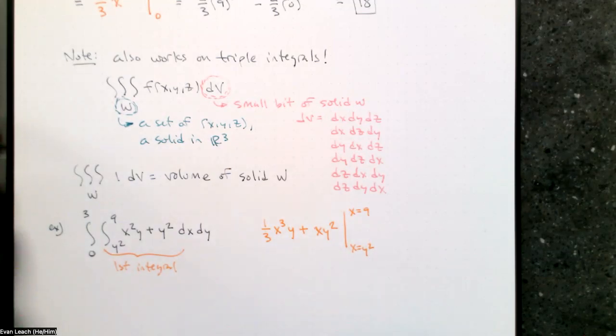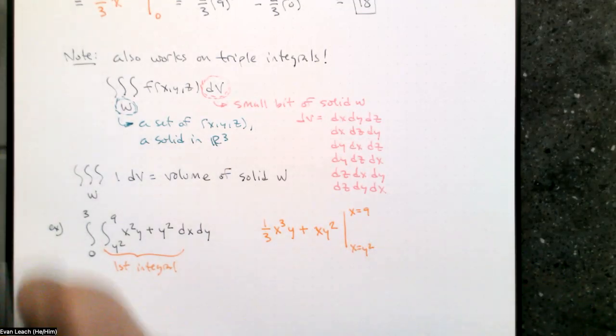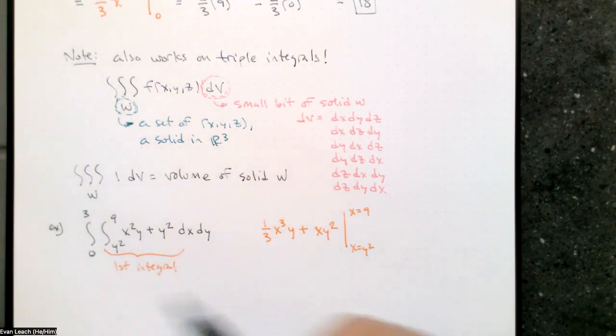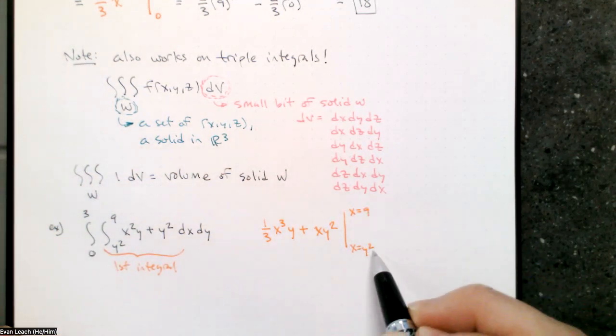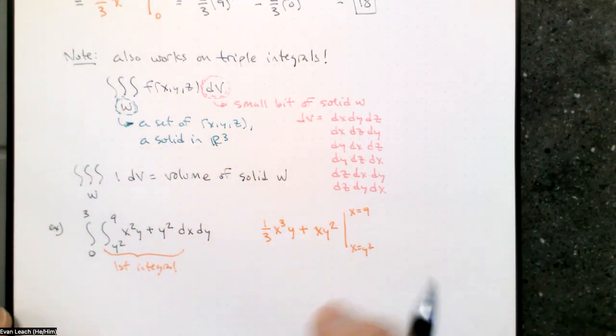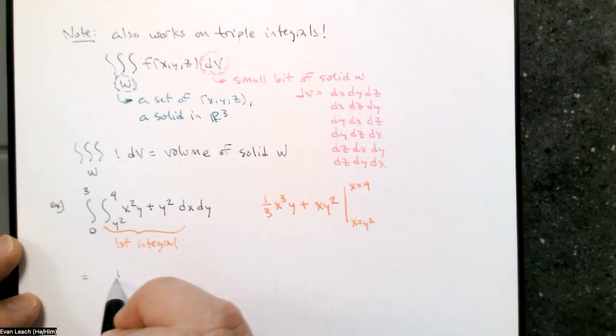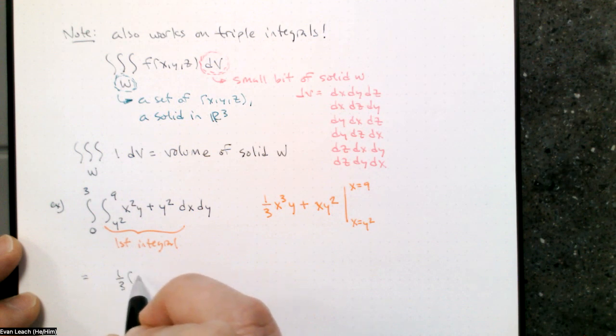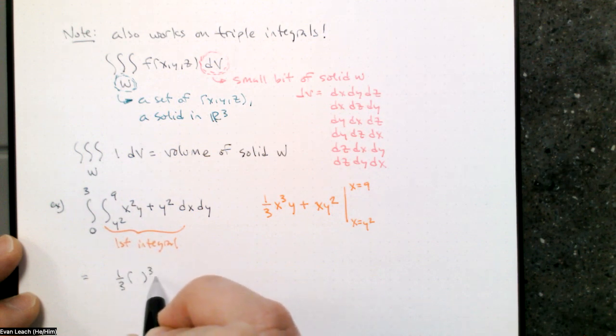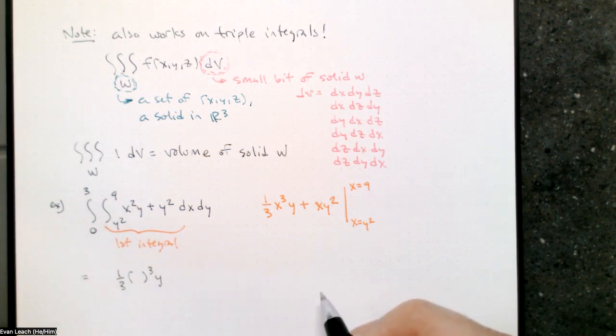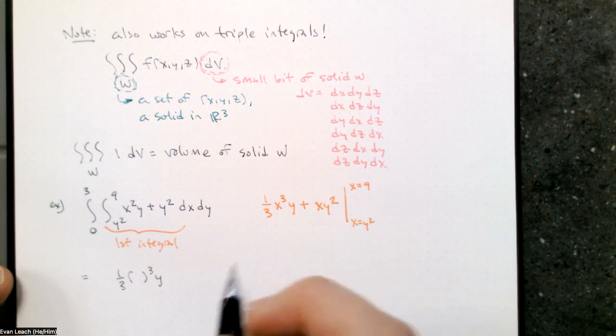So this is still an integral. Oh, I have to plug in the endpoints. One of the things that we want to notice is that we're plugging x equals 9 and x equals y squared. So I'll plug in x equals 9 first. We're not plugging in for y. Y is just a constant because we're still in the land of x.